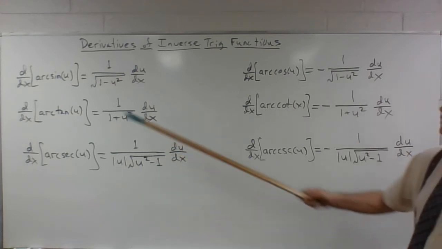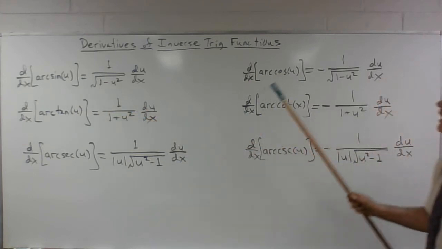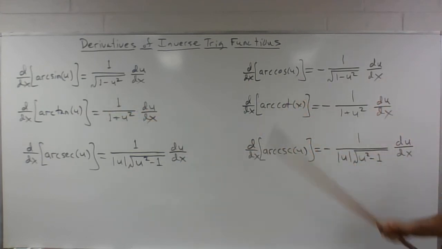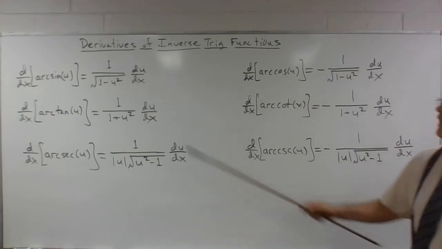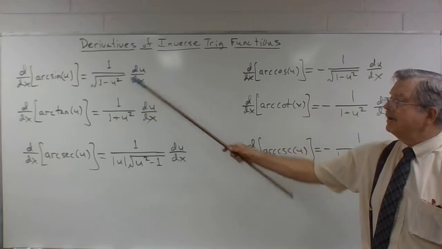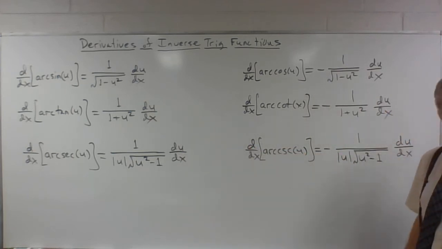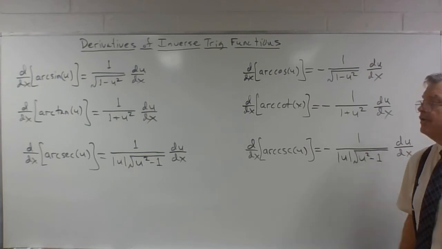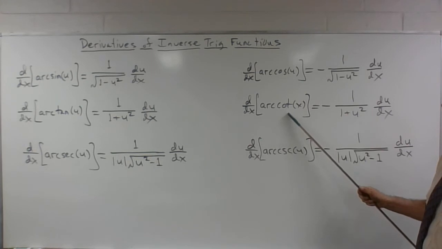Notice that the only difference between the derivative of arc sine and arc cosine is that to get the derivative of arc cosine, you take the derivative of arc sine and put a negative in front. The same thing is true with the derivative of arctangent and arc cotangent.